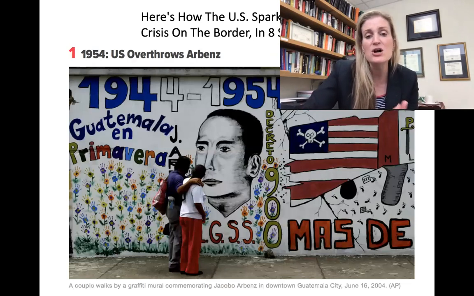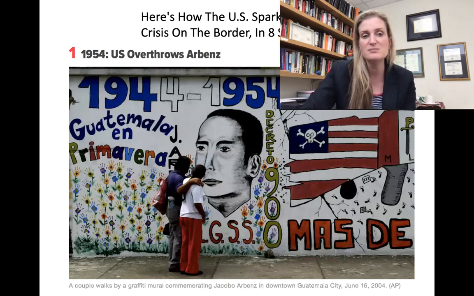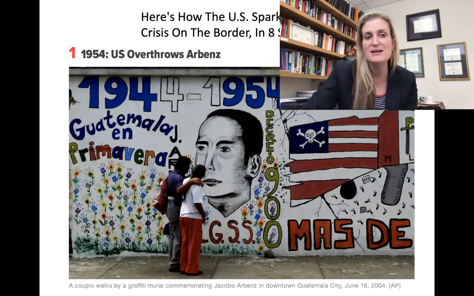And we've got to be darn clear that when we're talking about 16-year-old girls like Cecilia leaving from the Mayan highlands, these are not people who are choosing to come to the United States and break the law, and they deserve what they get. These are people who are being forced to move, often experiencing immense violence and fleeing from situations of immense violence. So let's go back, nice segue, to the 54 overthrow of Arbenz.